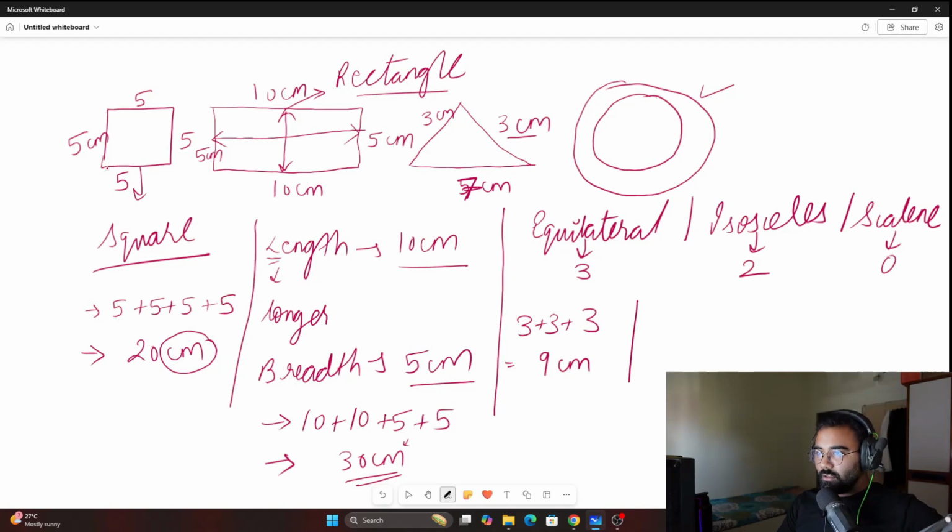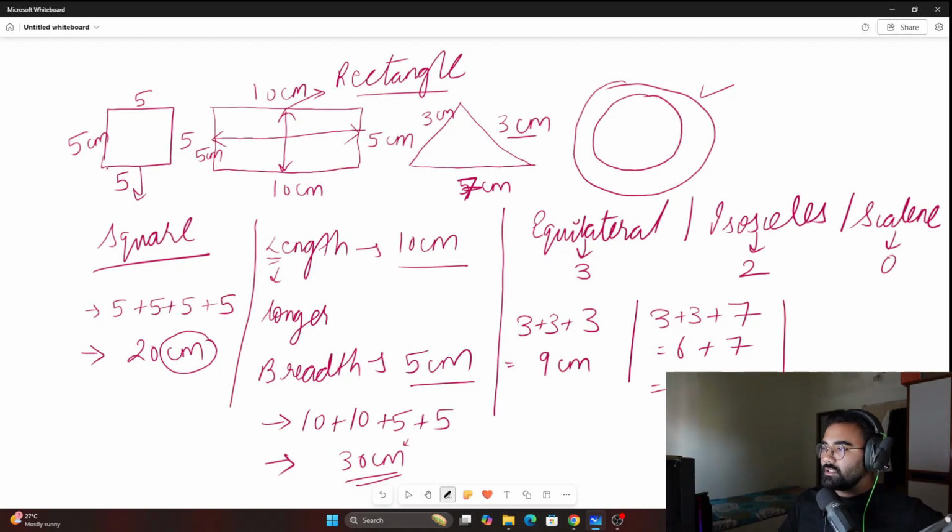That makes two sides equal, and it is an isosceles triangle. All right. So now, how do you calculate the perimeter? You simply add all the three sides. 3 plus 3 plus 7, that is 6 plus 7. That gives you 13 centimeter. So now we've calculated the perimeter of an isosceles triangle.